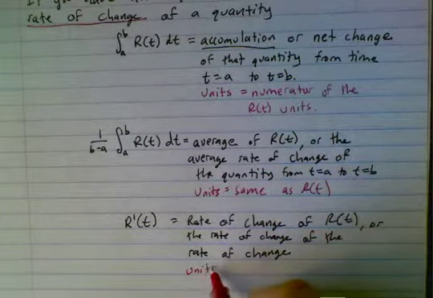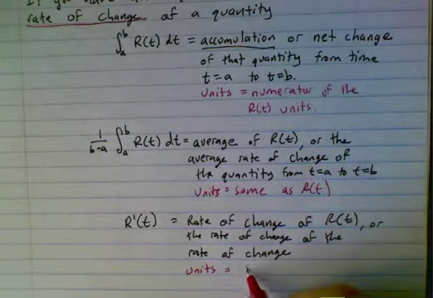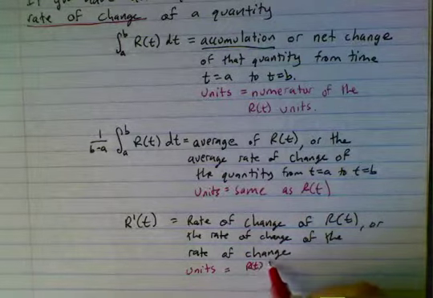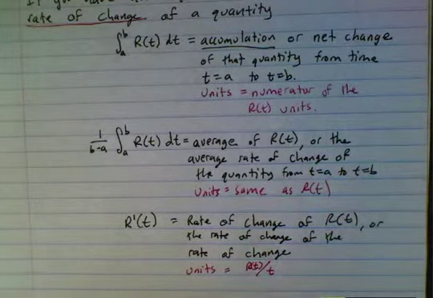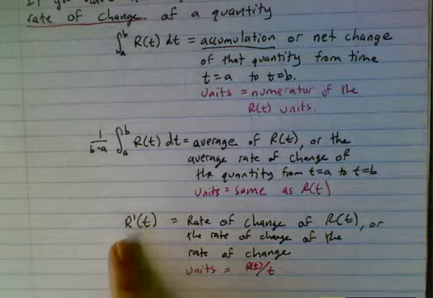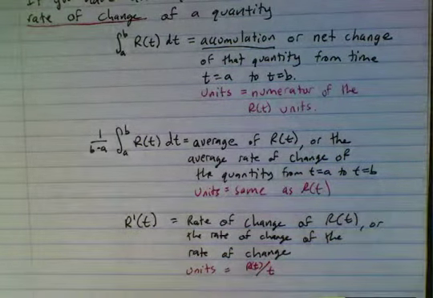And then the units are R of t's units divided by the t units. Because this, remember, is slope, so we're going to do basically the y-axis divided by the x-axis.